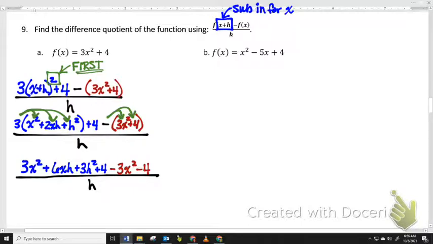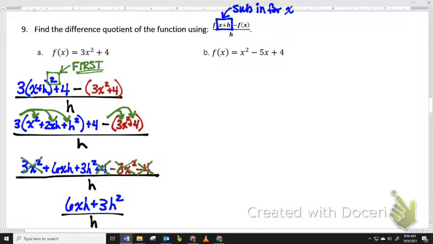What can I do now? Cancel out like terms. What are the like terms that I can cancel out? 3x squared and the 4. So I'm only left with what? 6xh plus 3h squared, all over h.